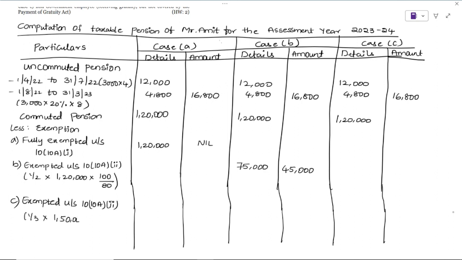How much will it come to? 50,000 only. In case C details, we will write 50,000. Now tell me, if 1,20,000 is the commuted pension and 50,000 is exempt, how much is taxable? 70,000 is taxable. Write down that.